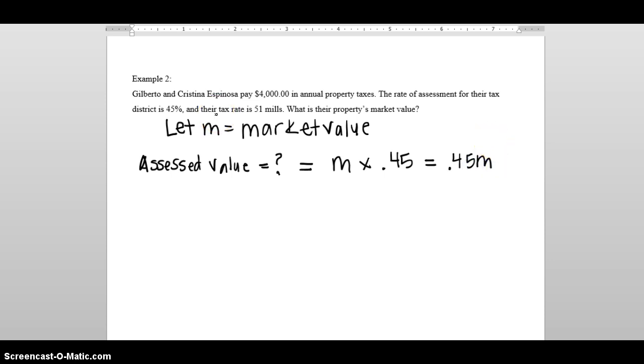After we had the assessed value, we then found our real estate taxes. So in this case, our real estate taxes equaled our assessed value times the tax rate.